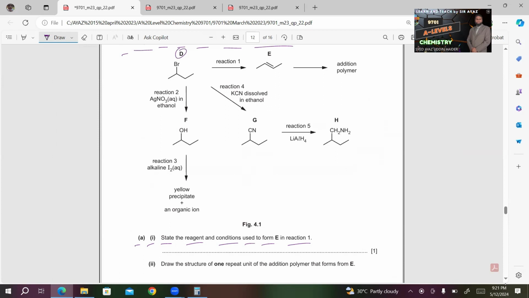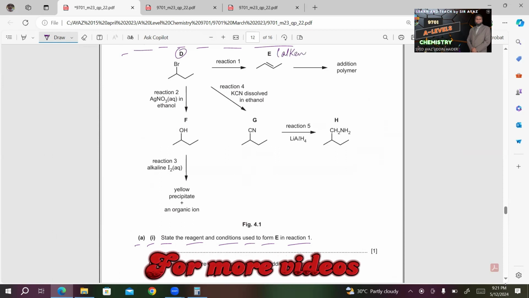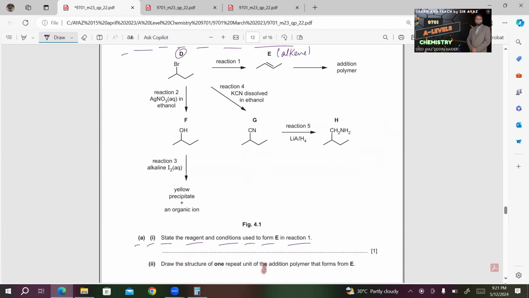In reaction 1, we are getting an alkene from a bromoalkane. So what will be the condition? We have alcoholic NaOH. So you write alcoholic NaOH, or you can mention alcohol or ethanol plus NaOH. We heat under reflux.